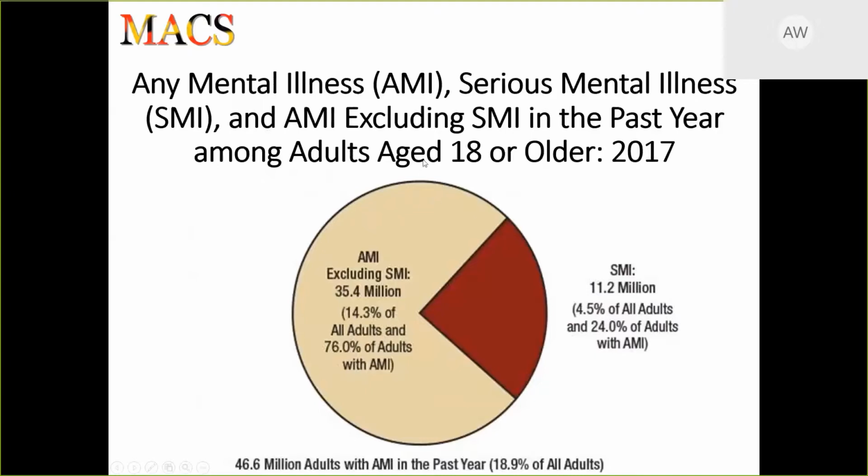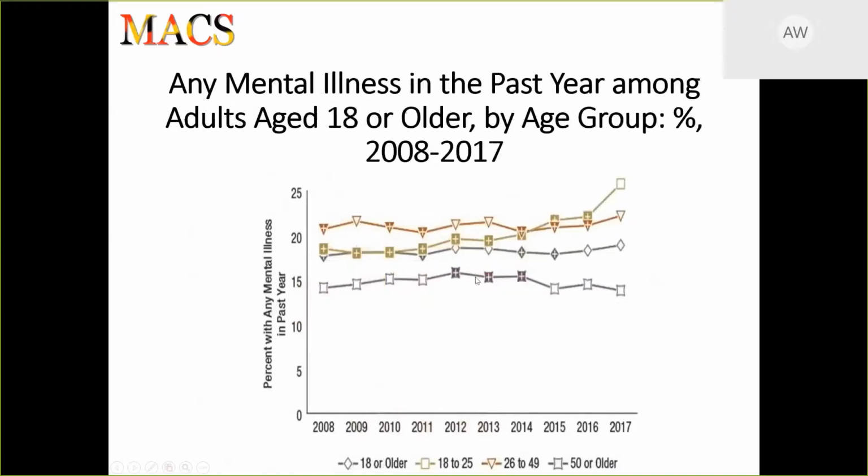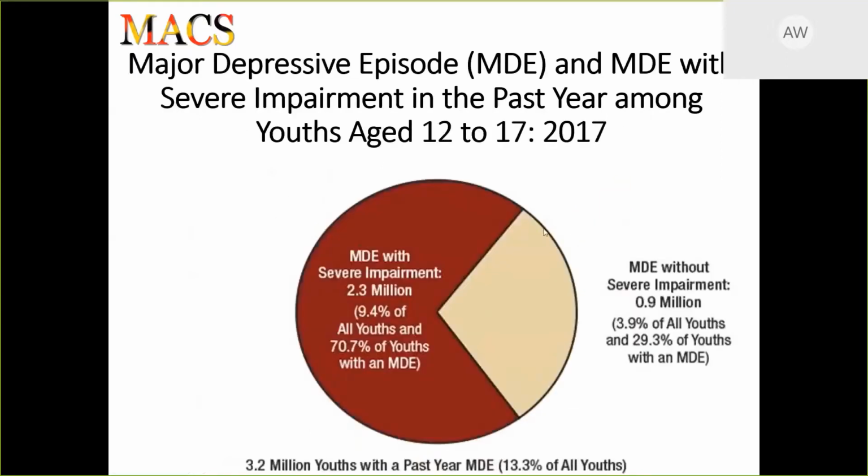Looking at adults over 18, basically 46 million people reported having some sort of mental illness. That's pretty stable over time, except for the 18 to 25 and 26 to 49 groups, where we're actually seeing increases, and other studies show this as well. This is looking at youth.